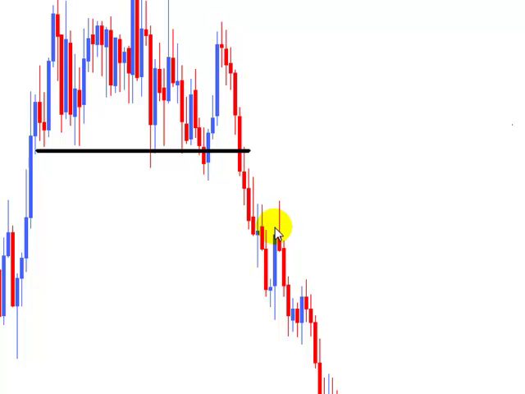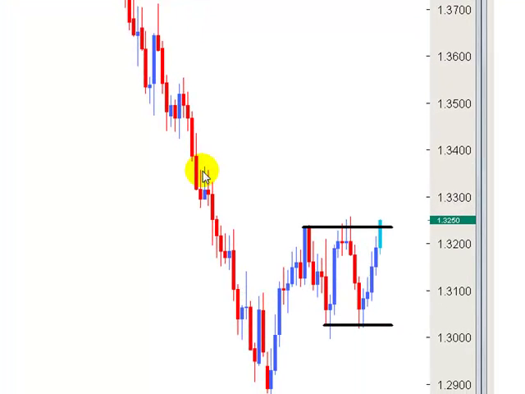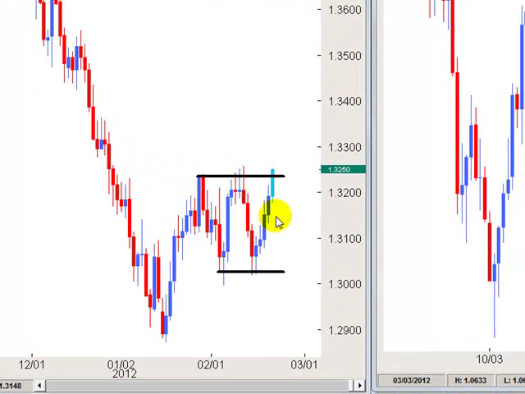The longs that weren't stopped out will usually have to reverse their trade or get margin called out, and that fuels yet another round of selling in this case. So there's a practical reason why these happen.